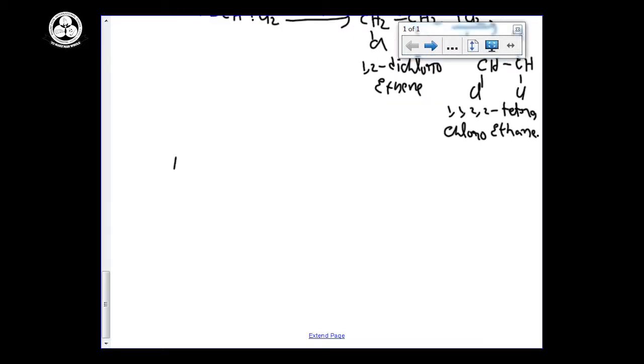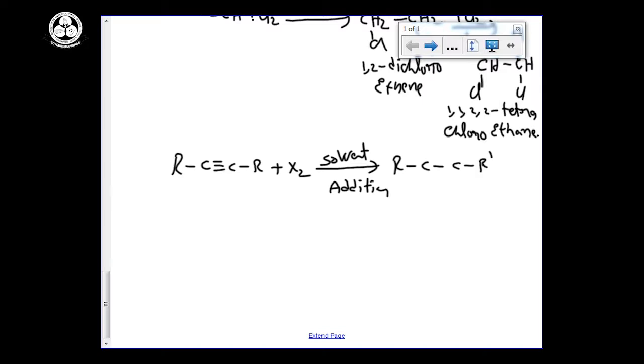The same thing we can write for the higher alkynes, taking the halogen in the presence of the solvent. In the presence of the solvent, we can undergo the addition reaction, then we can get the tetrahalo compounds, that is X, X, X and X. You can write one general example, CH3, C triple bond C, CH3.